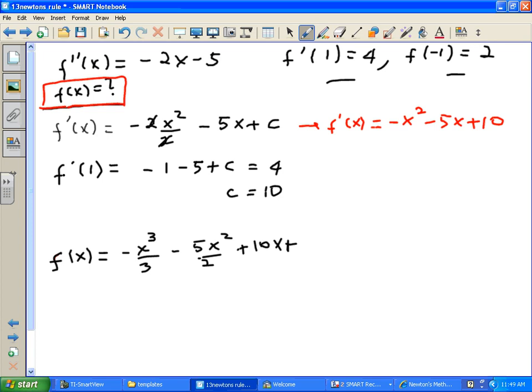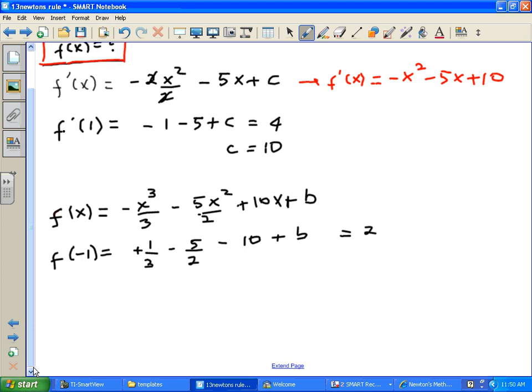It doesn't have to be the same constant. And what we're given is that f of negative 1 is equal to 2. So substitute negative 1 everywhere you see an x. So negative 1 to the third is negative, but the initial negative will make that a plus 1/3, minus 5 halves, since negative 1 squared is plus 1, minus 10 plus b is equal to 2.